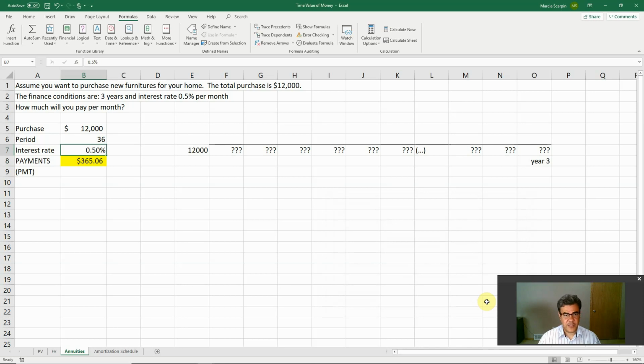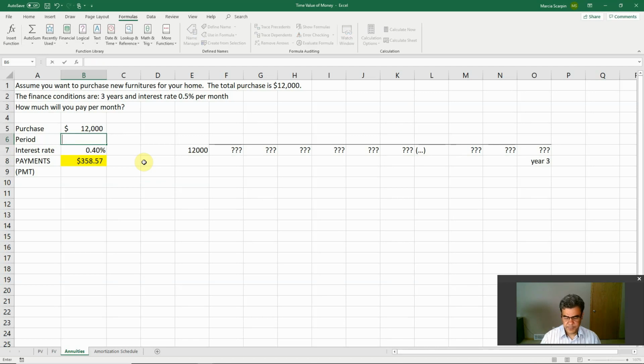And the interest rate is not 0.5 per month anymore. It is 0.4. So 0.4, 358 instead of 365. So if we go to 0.4, 358, if we go to instead of 3 years, we have 5 years.